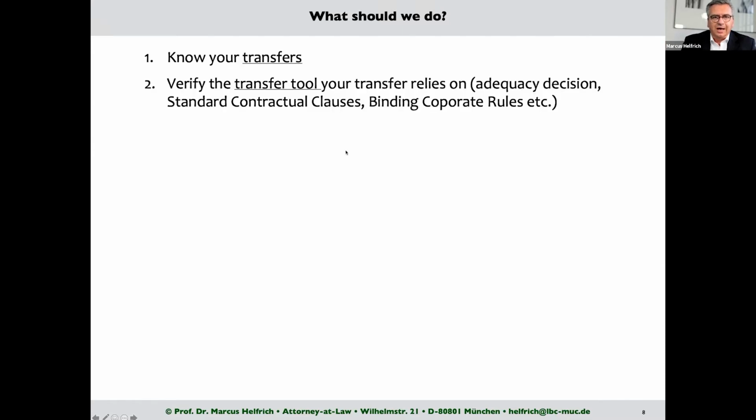Second, we have to be aware on which legal basis we transfer the data. The EDPB talks about transfer tools. This is not meant as a software or an app. It's just the tool: adequacy decisions, standard contractual clauses, binding corporate rules.